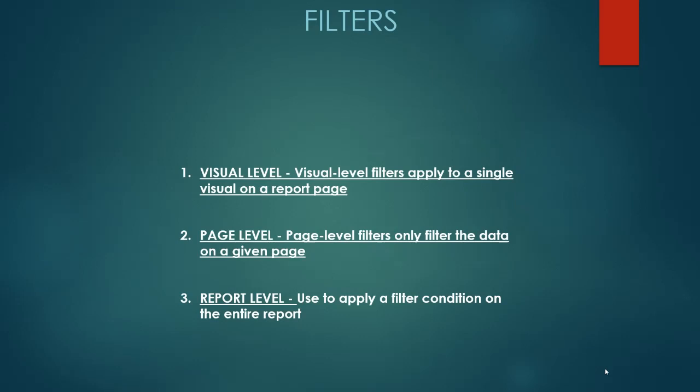When it comes to page level, it filters the data on a given page. It means it will filter the entire page, all the charts in that particular page. But when it comes to report level, it will reflect on all the pages.